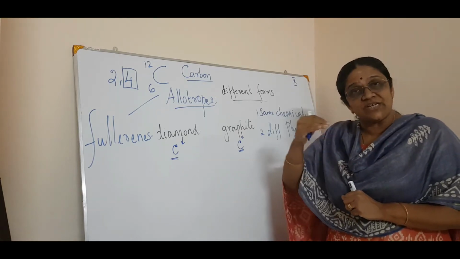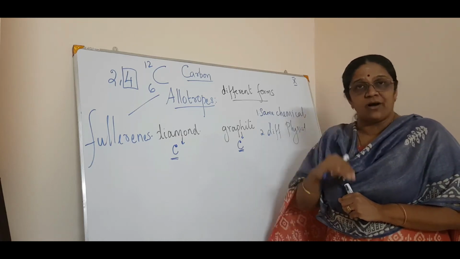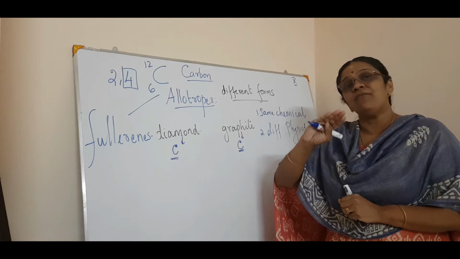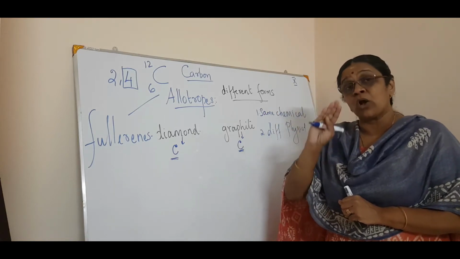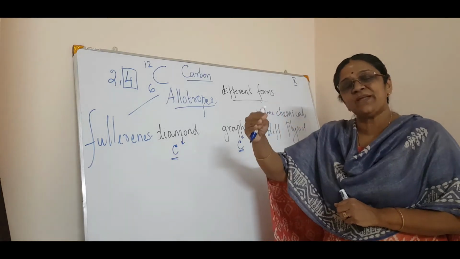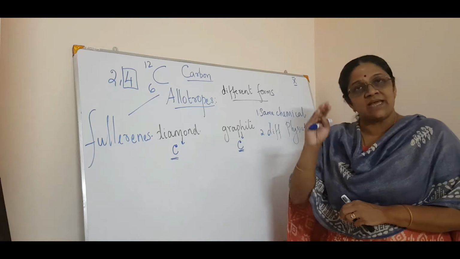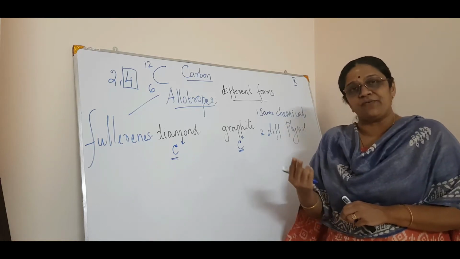That is called tetravalency. In order to be stable, carbon should have 4 covalent bonds. It will make 4 covalent bonds with either another carbon atom or other atoms like oxygen, nitrogen or sulfur. We will study that later.